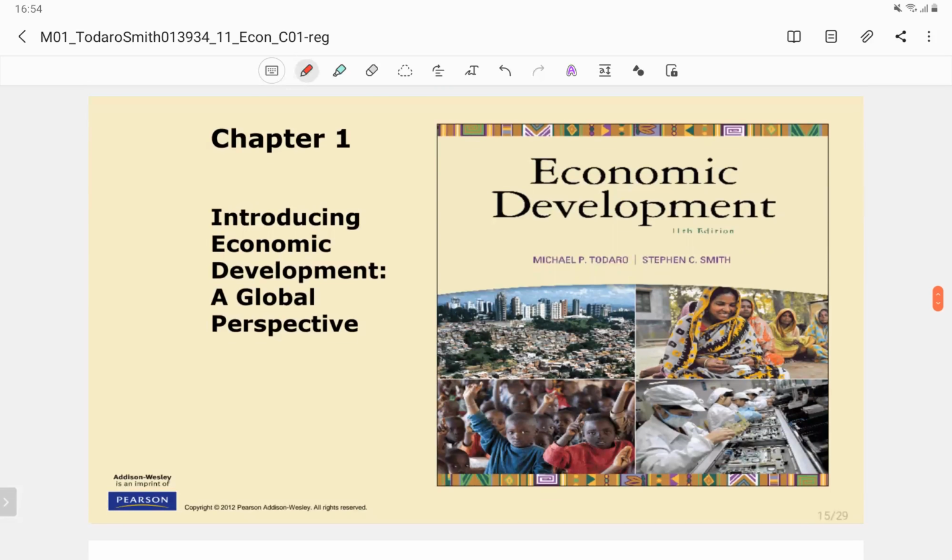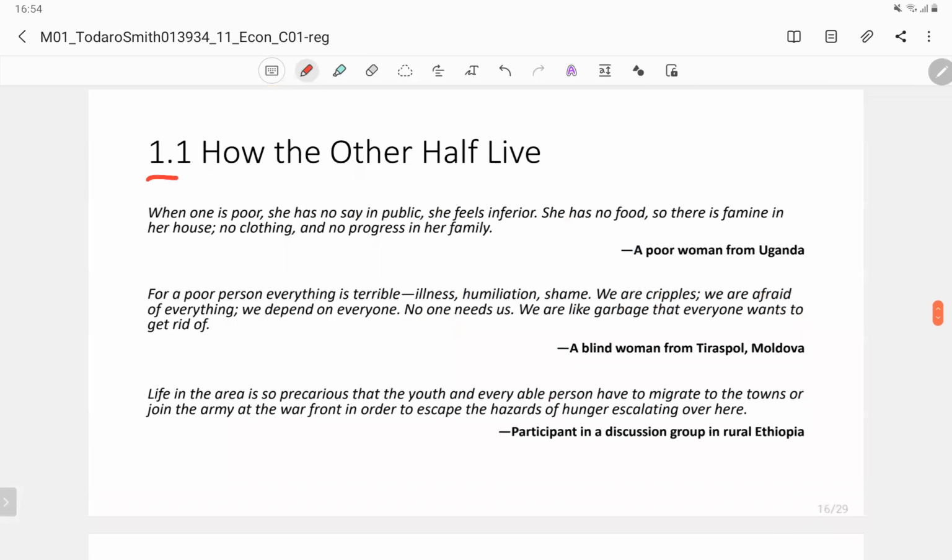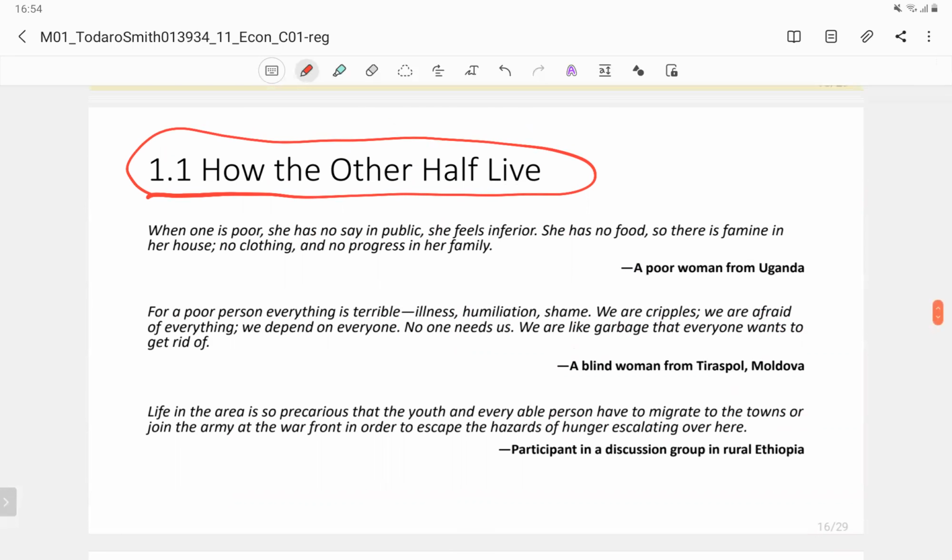So the first chapter's title is Introducing Economic Development: A Global Perspective. In this first week, we're just going to take a look at the global perspective of economic development. The first section is titled "How the Other Half Live." What does this mean? In the world, not everyone has the same amount of resources.